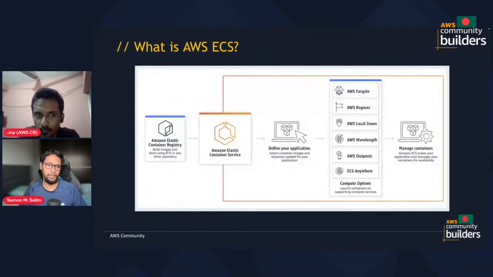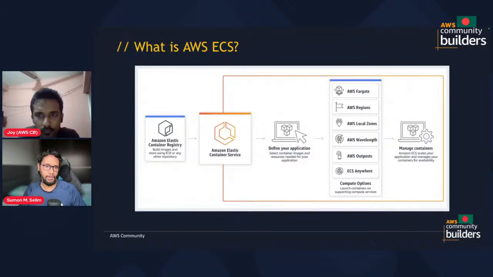And here's the diagram showing how Elastic Container Service works. At first, as we said, we have to containerize our application and build images. After building images of our application, we need to store them somewhere so that the ECS service can pull the images from the internet.